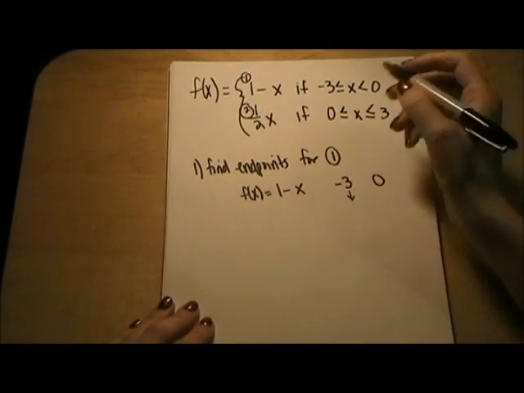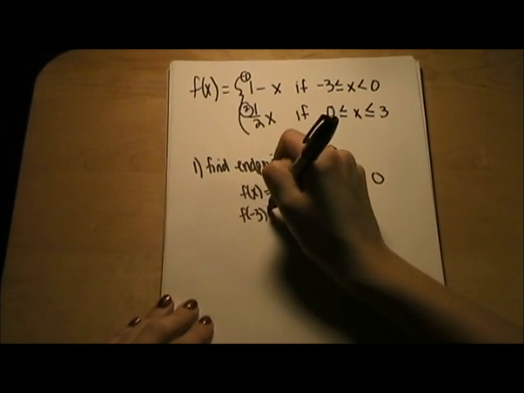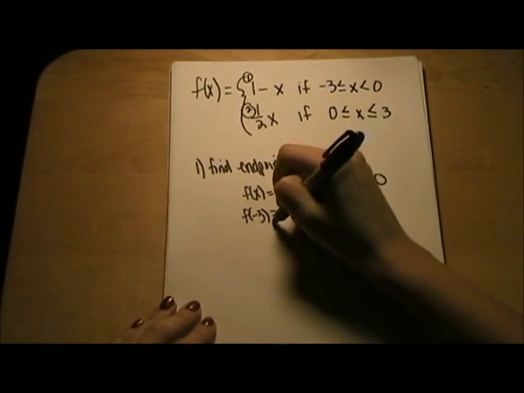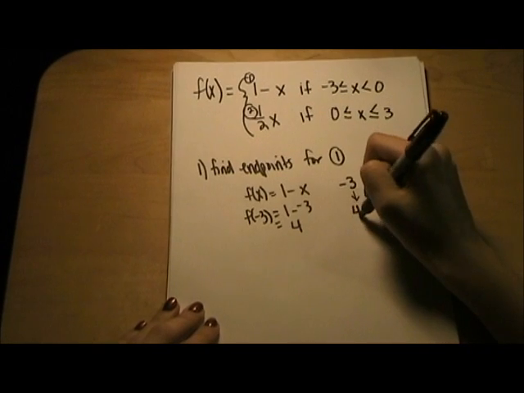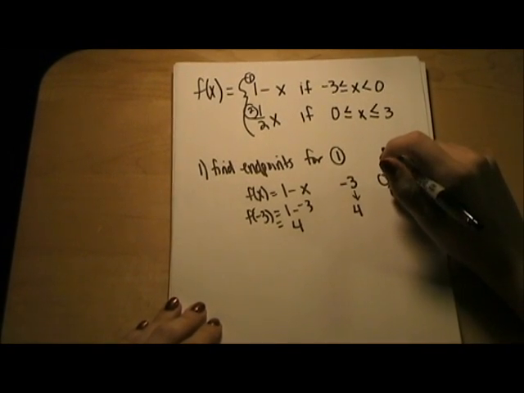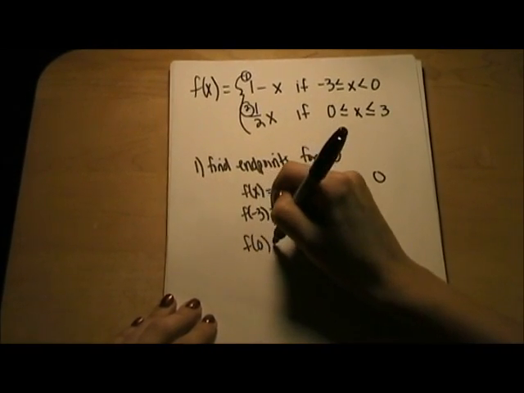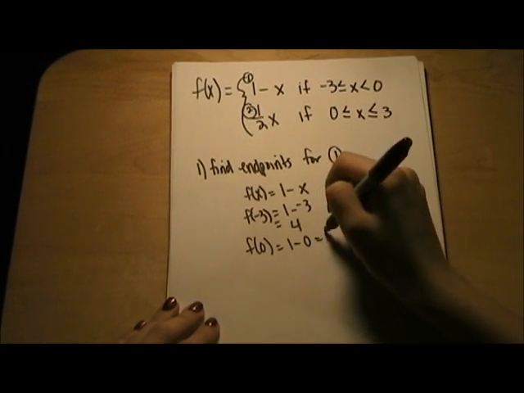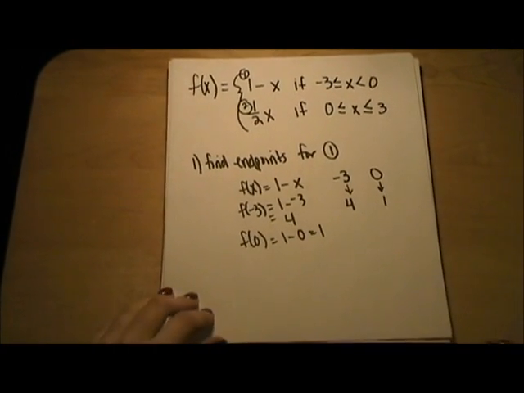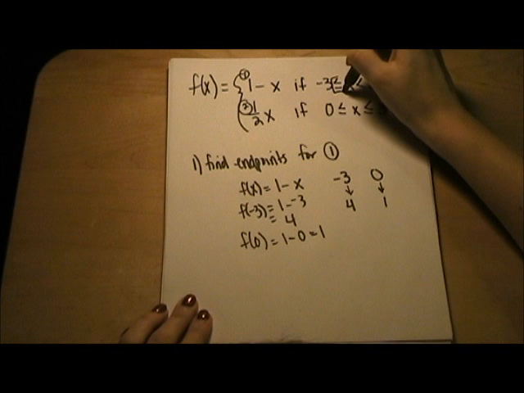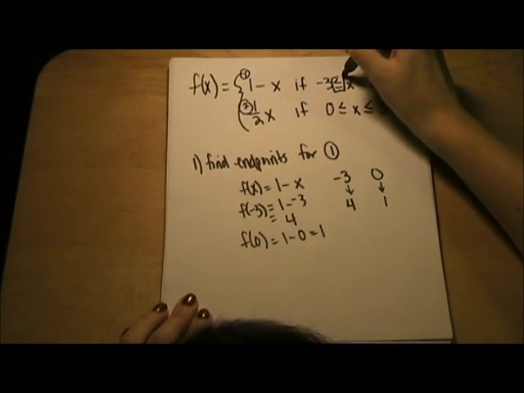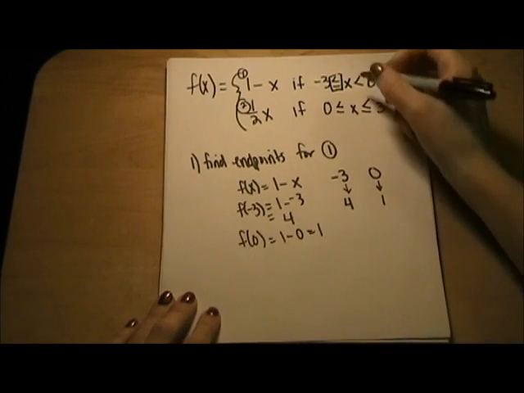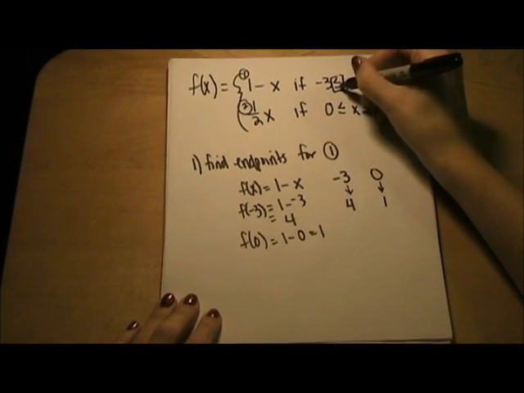So -3 will give me 1 minus a -3, which will give me 4. And when I plug in 0, 1 minus 0 gives me 1. Less than or equal to means that it's going to be a closed circle.